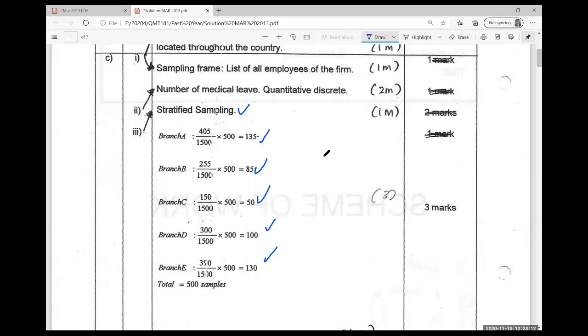So what you need to do is simply take the number of elements in that particular branch, divided by the total number of elements in the population, and then multiply by the total number of samples required. That gives you the sample size for each of the branches. Okay, so that is for number 3.